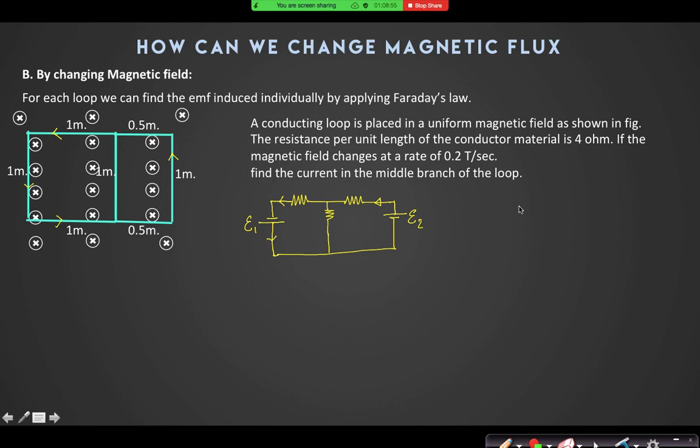So avoid drawing the EMF on branches which are common to multiple loops. Then this resistance is the equivalent resistance of these three. They are in series, so is it 12 ohm?